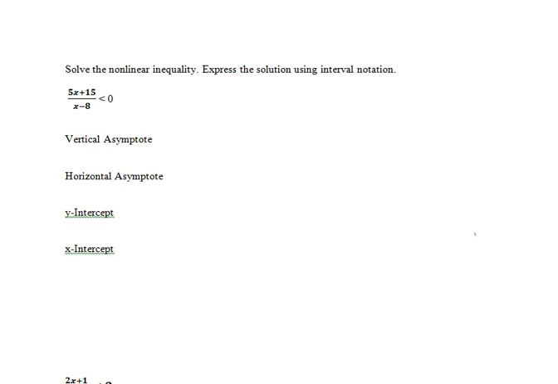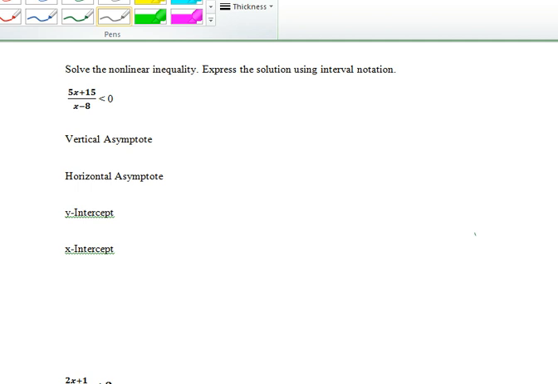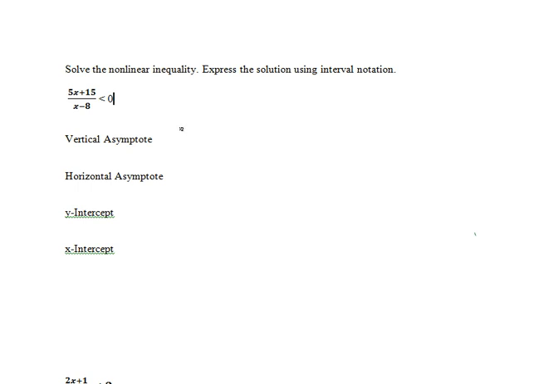Here we're going to solve a series of rational inequalities, starting with the quantity 5x plus 15 divided by the quantity x minus 8 less than 0. Here the vertical asymptote is x equals 8. The horizontal asymptote is y equals 5.